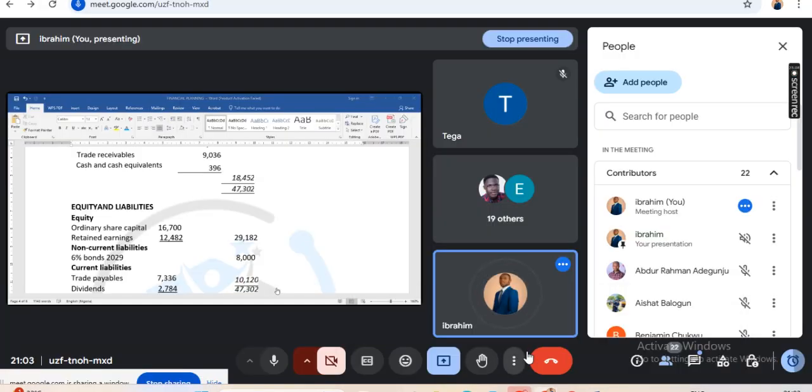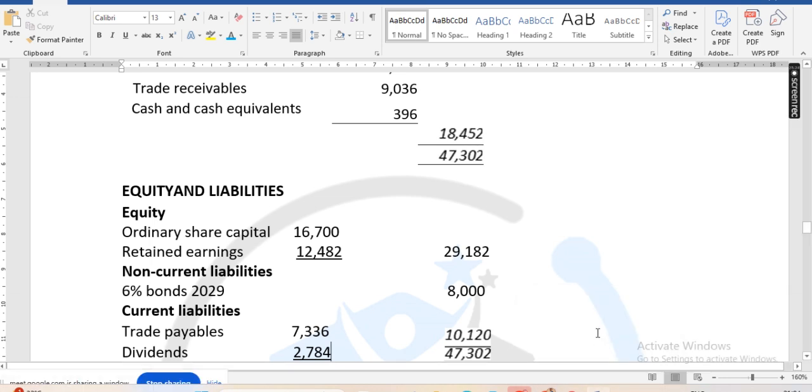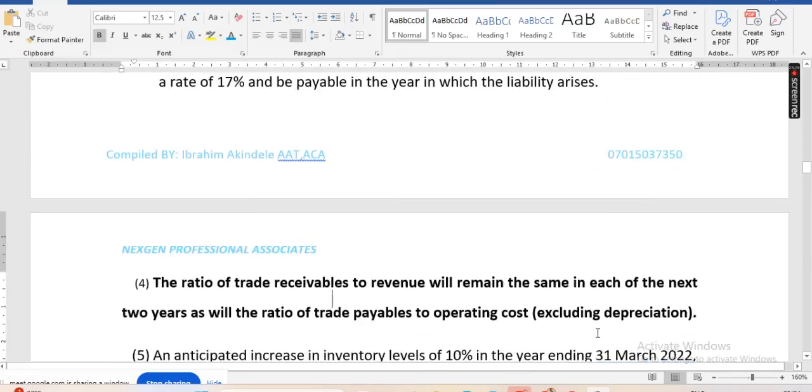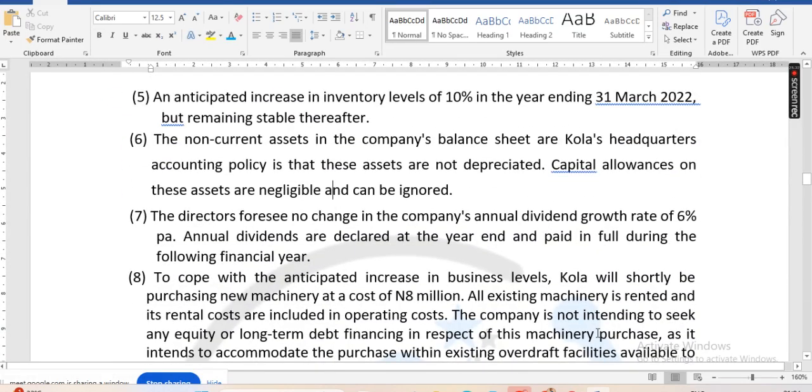It is because the dividend was declared that year, but it wasn't paid. It will be treated as a liability, right? They are owing the investor. You only declared it, but not yet paid. But because the question says they will be paid in full in the following year, which is Roman figure 7, it will be declared in 2021 and paid in 2022. The one that you declare in 2022 will be paid in 2023.